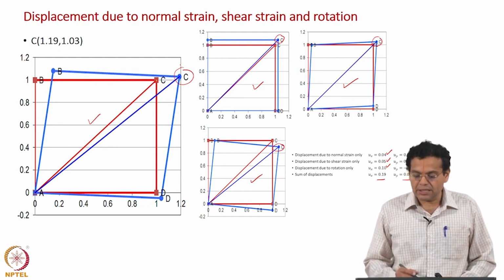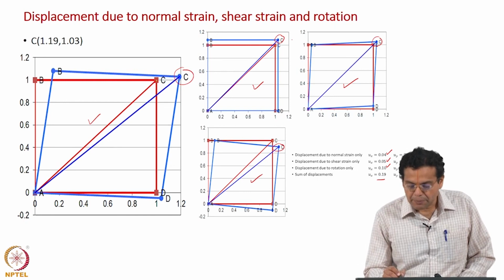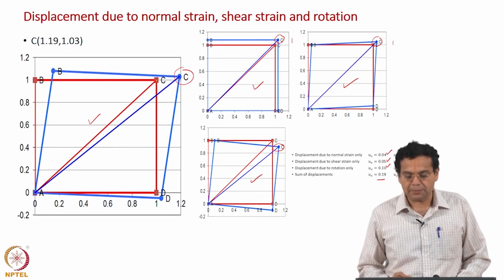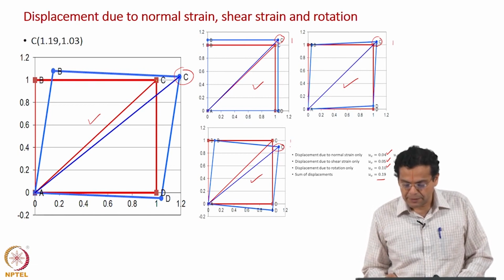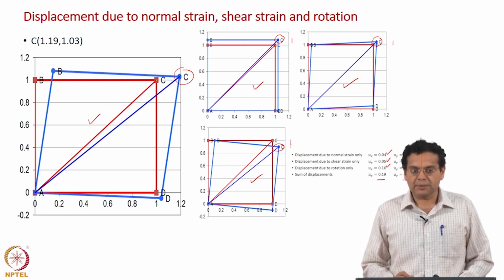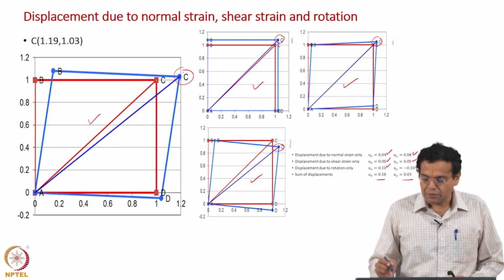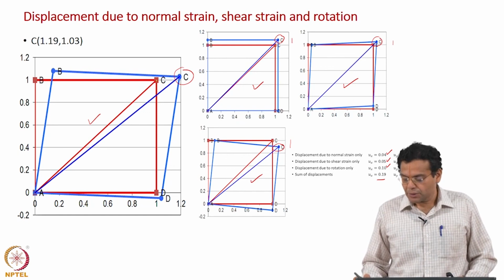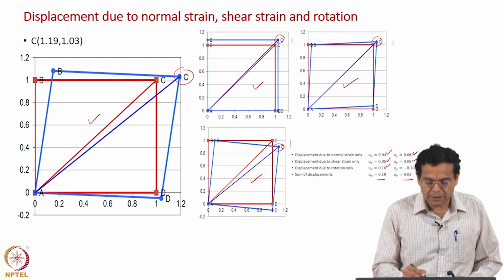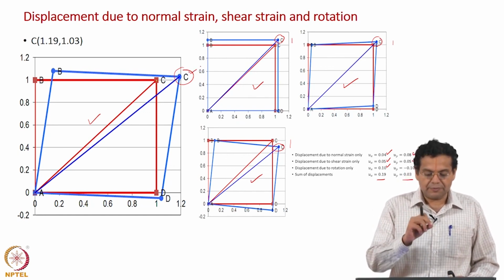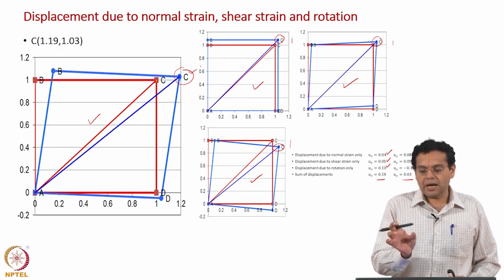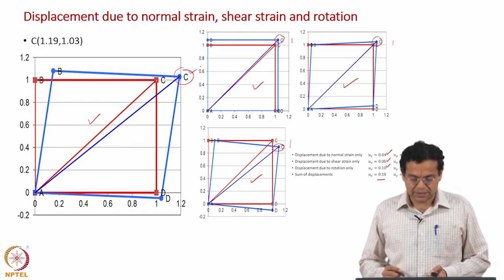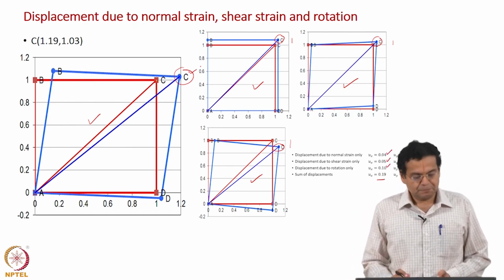Now, if you look at y displacement, it is a positive y displacement here, here again a positive y displacement, but when you come here to rotation, there is a negative displacement in the y direction. That is why when you sum up 0.08, 0.05, minus 0.1, you get a small positive y displacement. That is why if you look at initial C and final C, large x displacement and a small y displacement, okay. Of course, that explains whatever I discussed earlier a little more graphically, okay.